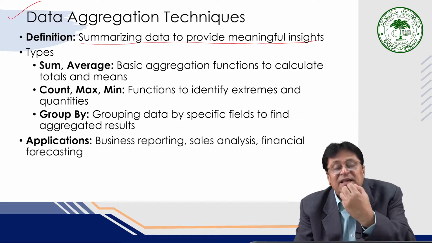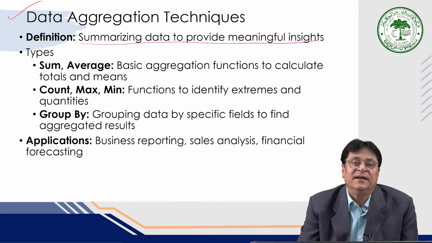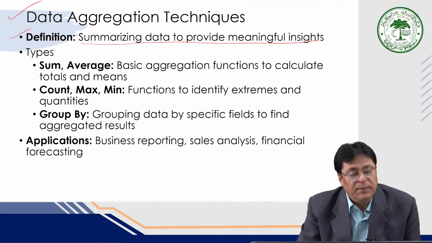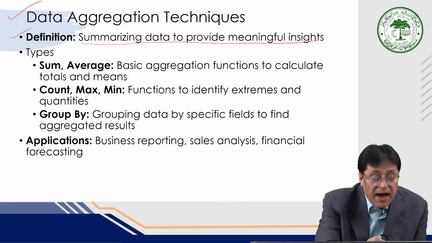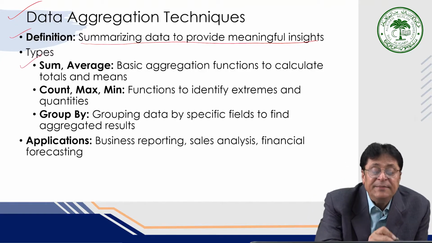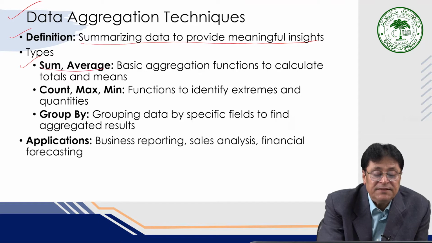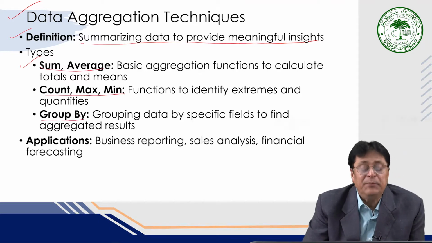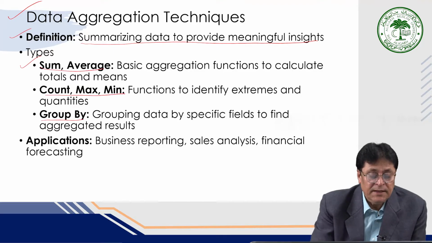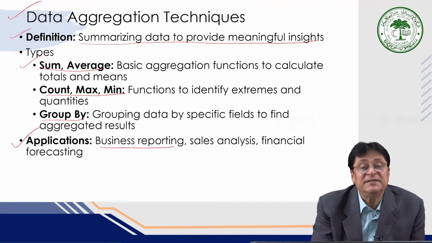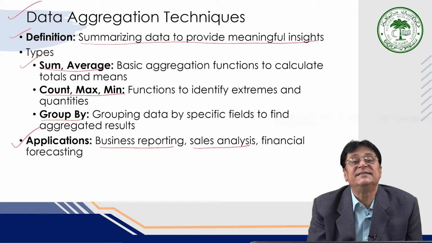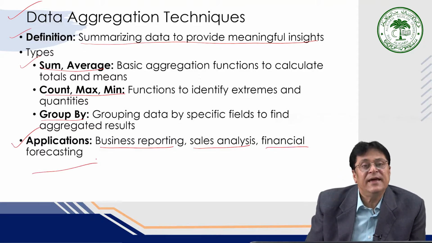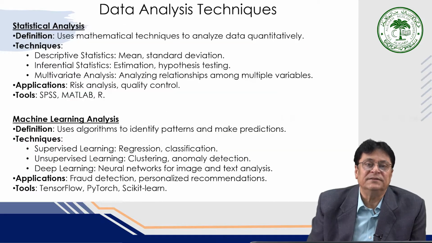It gives an insight, meaningful insight. So, aggregation is all about that. These are some of the types of aggregation: sum, average, count, max, min, group by, and many more. These are just some examples. What are the applications? For business reporting, for sales analysis, for financial forecasting. These are some of the examples of data aggregation.